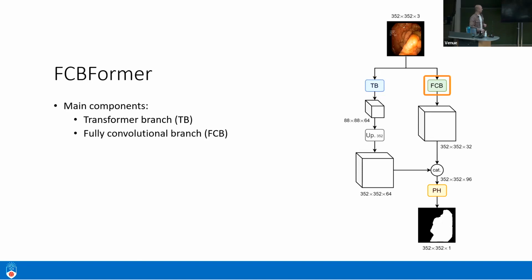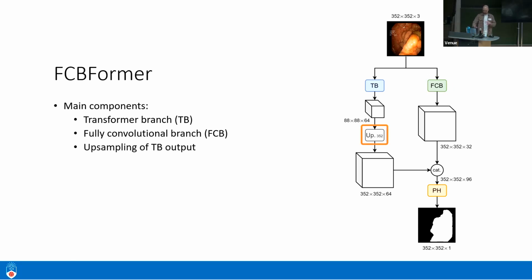Now we then have this fully convolutional branch, which is really designed to extract high frequency features, so edges of instruments, edges of the polyp, edges of the camera view, that then assist with taking this general shape extracted by the transformer branch to a quality segmentation map.